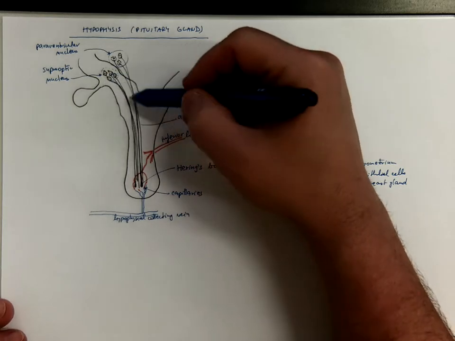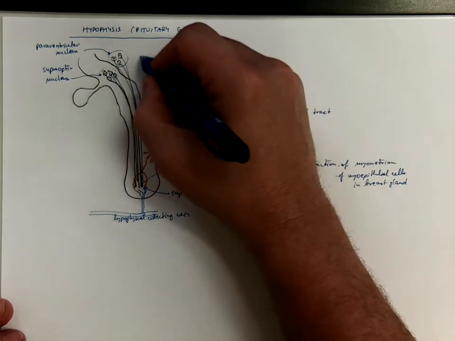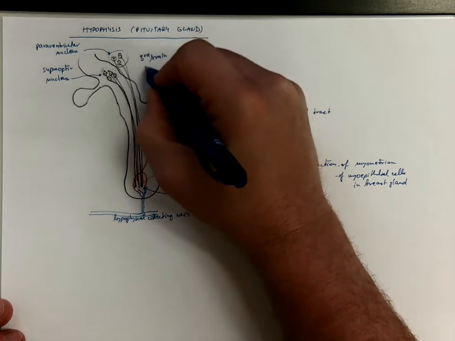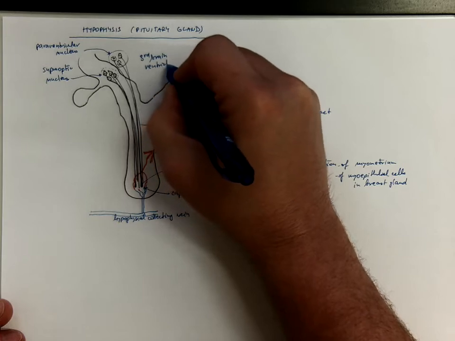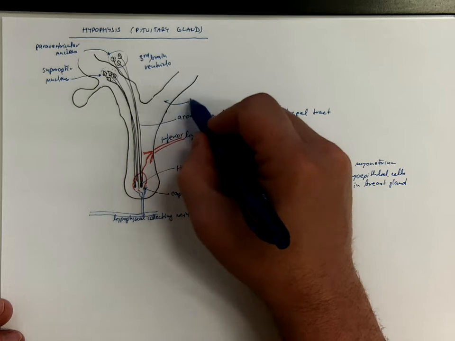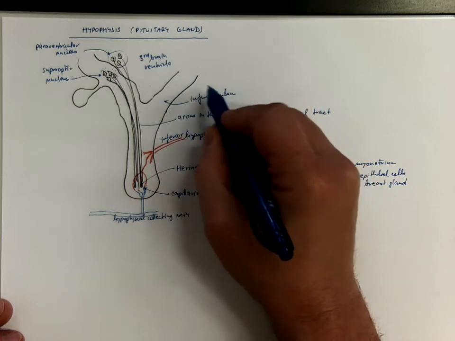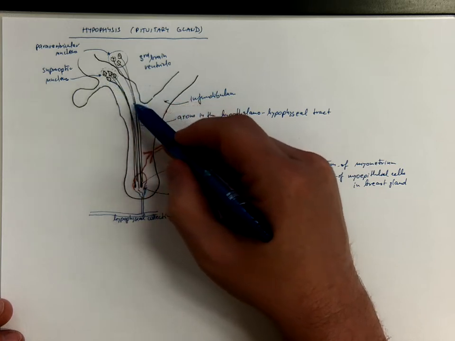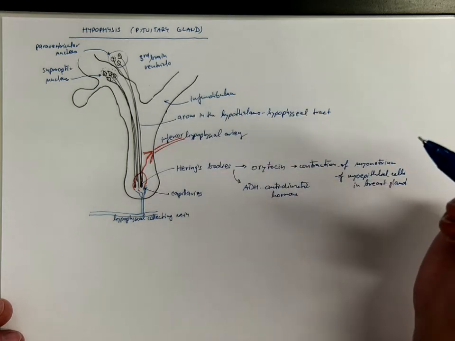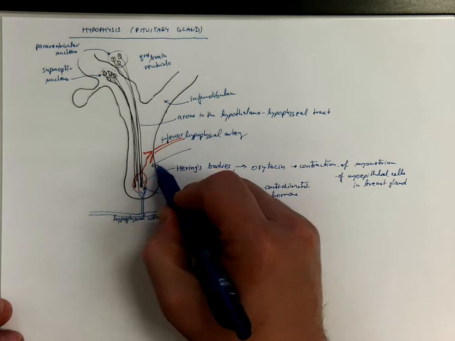So it's obvious then, if this is the hypothalamus with the third brain ventricle, and this would be the connecting part, the so-called infundibulum, then it's clear that the hypothalamus forms an anatomical continuum with the posterior part of the hypophysis, which is called the neurohypophysis.